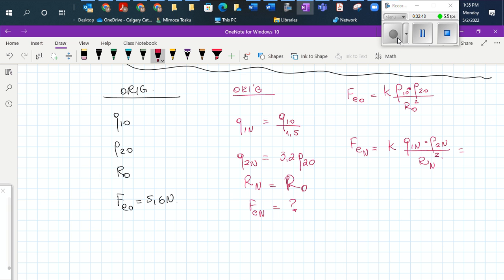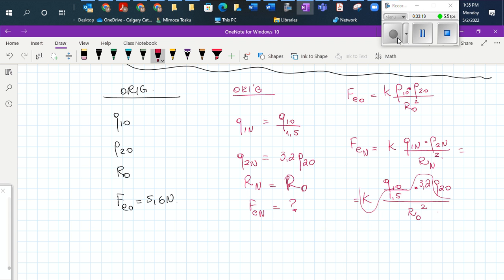The constant will stay constant as it is. For the new charge, we'll have Q1 original divided by 1.5. For the new Q2, we'll have 3.2 multiplied by Q2 original, over the distance, which is the same, so R squared. And now see what we have.